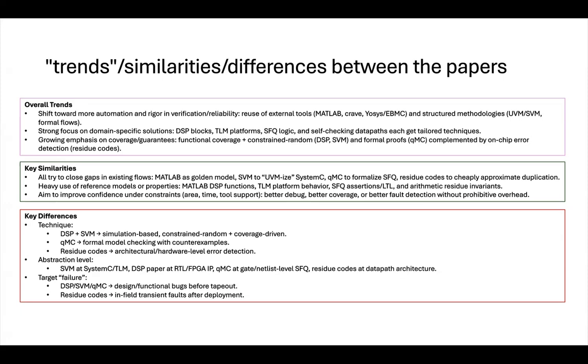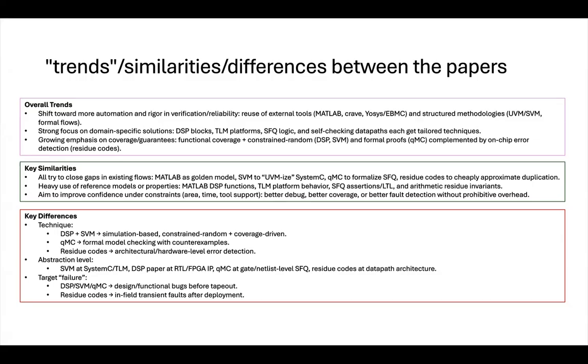Finally, the self-checking VLSI paper looks at the in-field side of the problem. Instead of just finding bugs before tape-out, it surveys on-chip error detection schemes and highlights residue codes as a way to get near duplication level fault coverage with much less area.